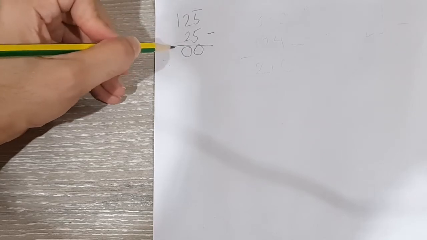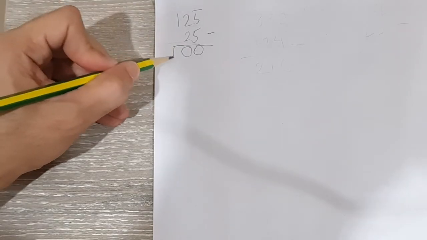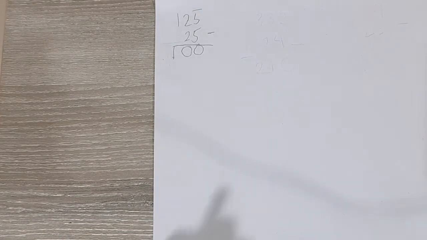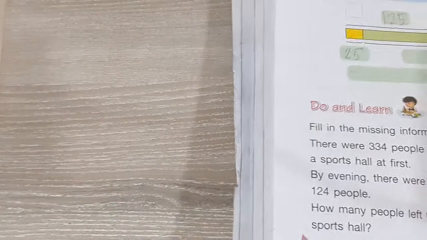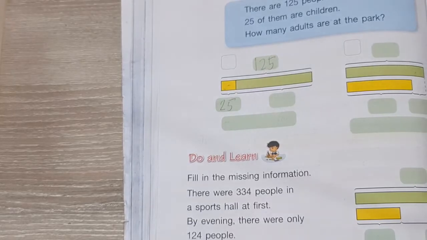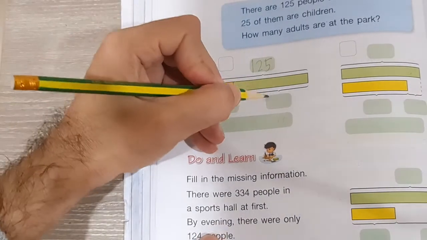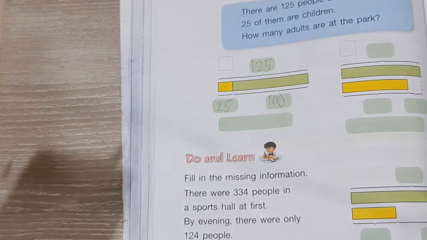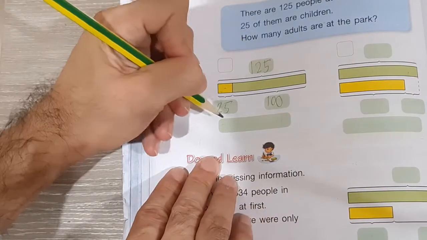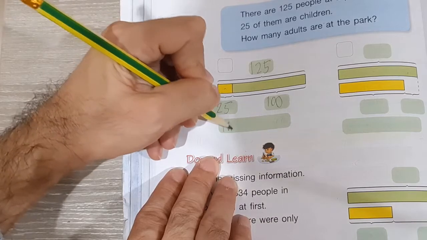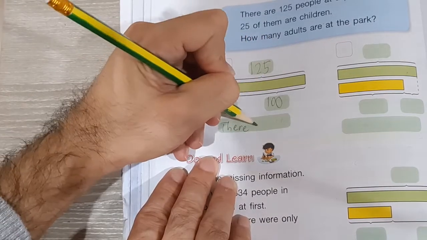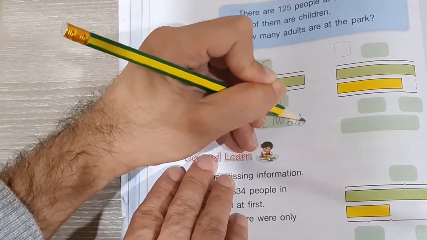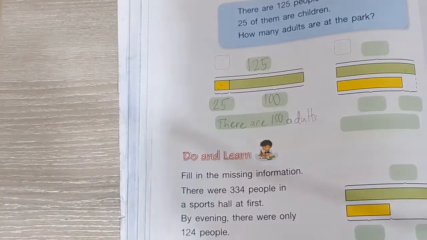And bring down 1. Now, this is the number of adults at the park. So we can write 100 adults. So there are 100 adults at the park.